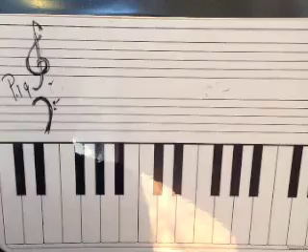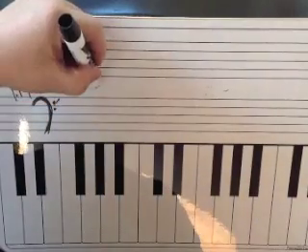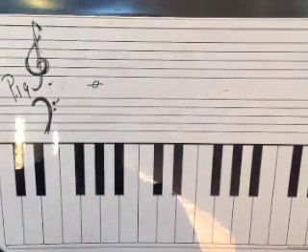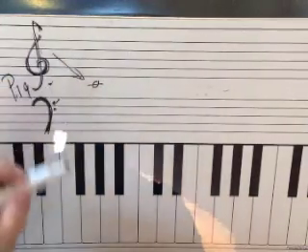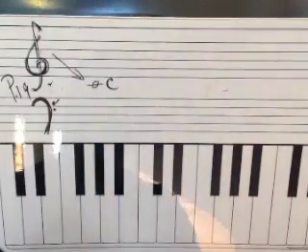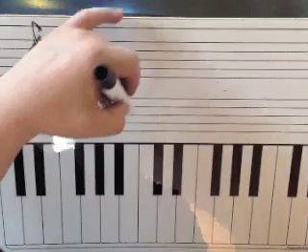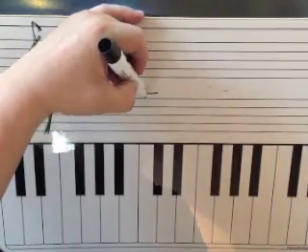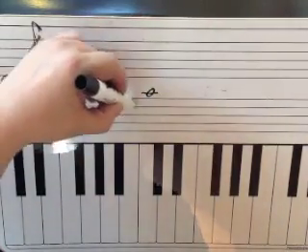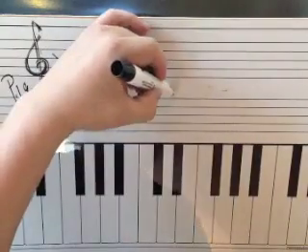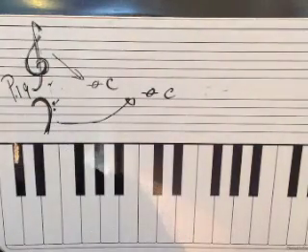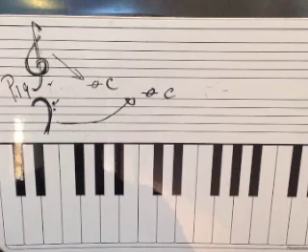But that one ledger line down, right here, okay, if I'm coming from this clef, that's C. And if I went from my F up to here and did one ledger line above from that one right there, that's also a C. And you can count that if you want to make sure. But it's the same note.